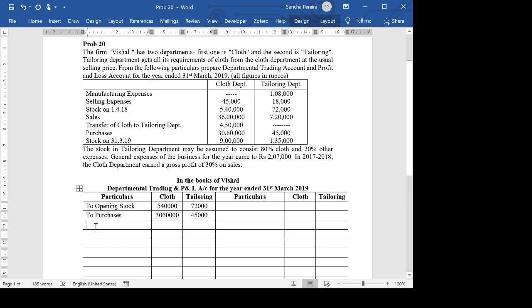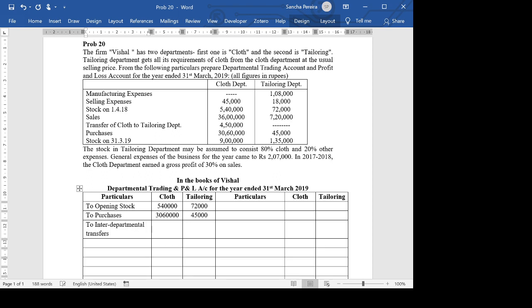Then we have interdepartmental transfers. Now let's see who's transferring to whom. A transfer of cloth to tailoring department. So cloth is transferring to tailoring department. So for tailoring department, it is like purchases.